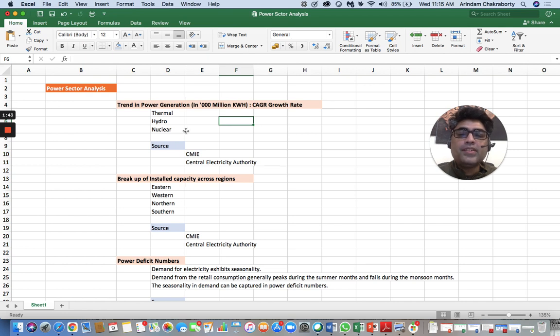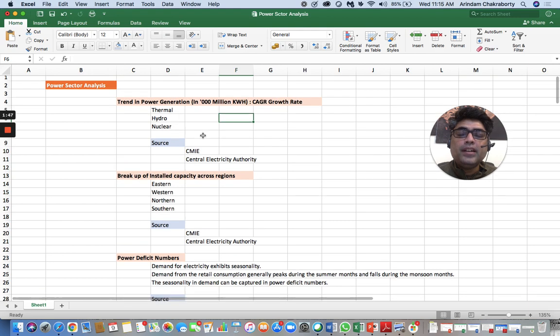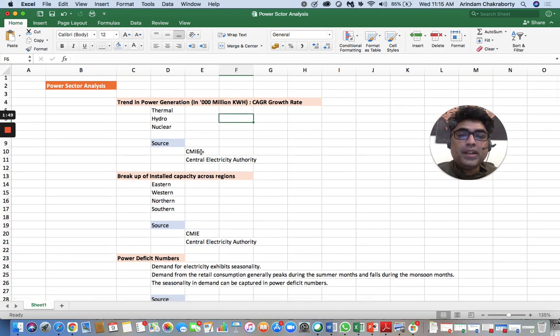So what is the trend in power generation in each of these areas? And you can fall back on the CMIE database if you have access to it, or the Central Electricity Authority website, right? From there you can gather this piece of information and then do the analysis on that.